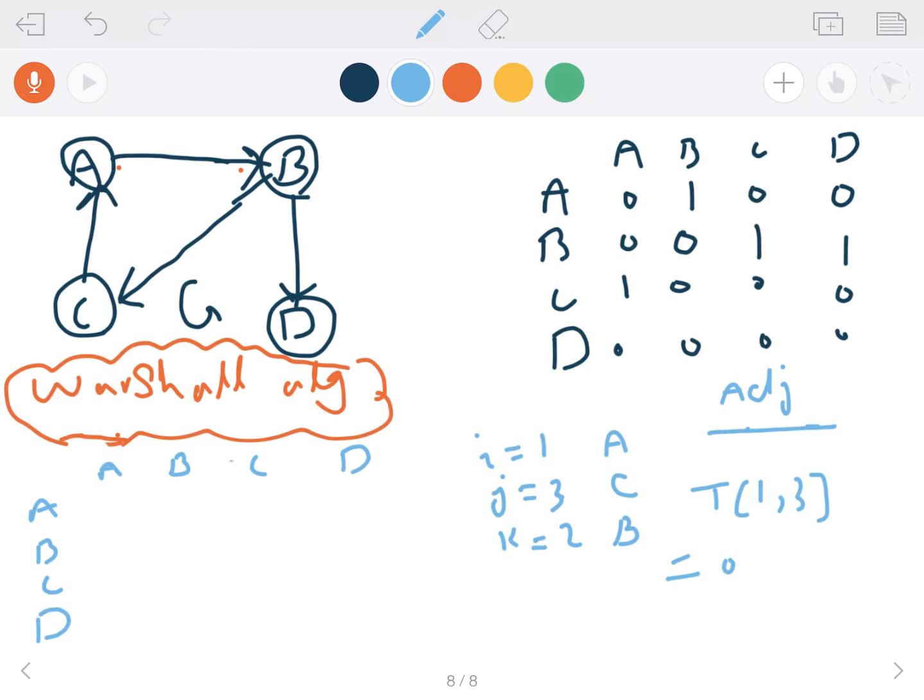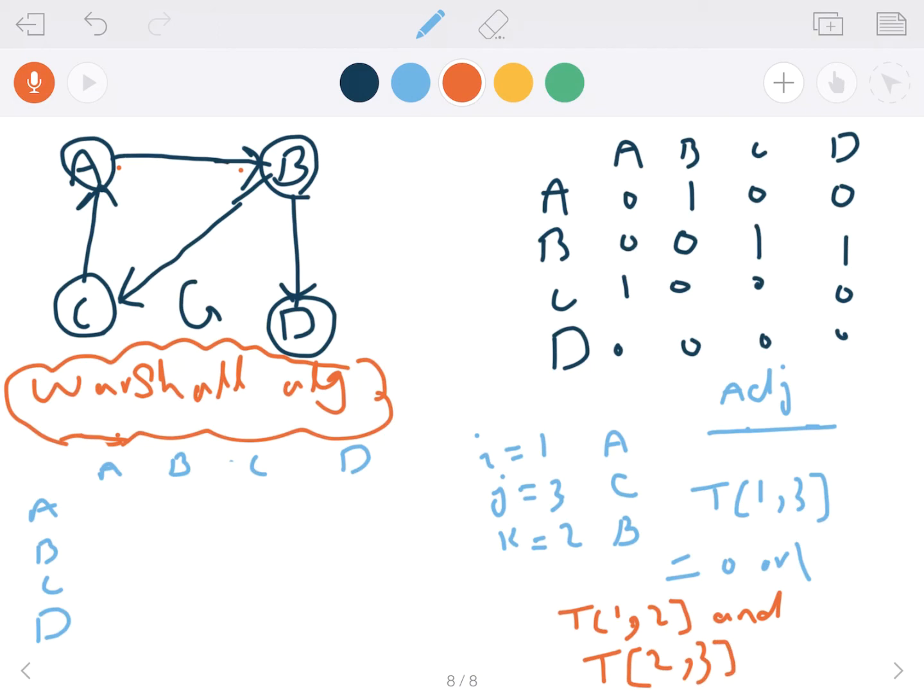Or, the value that we have for T from 1 to 2, and T going from 2 to 3.